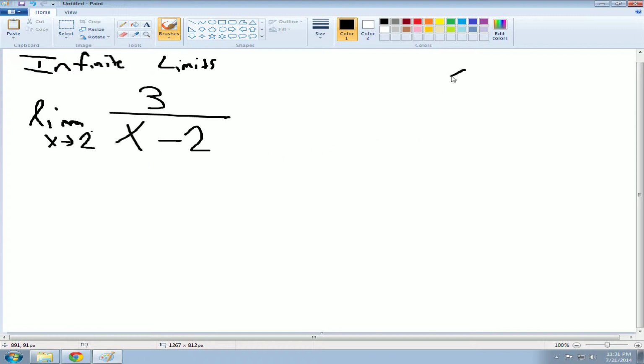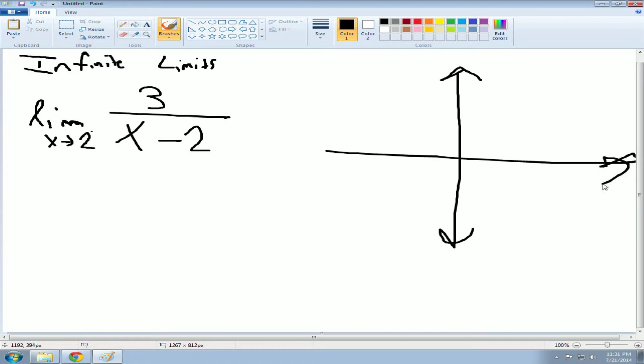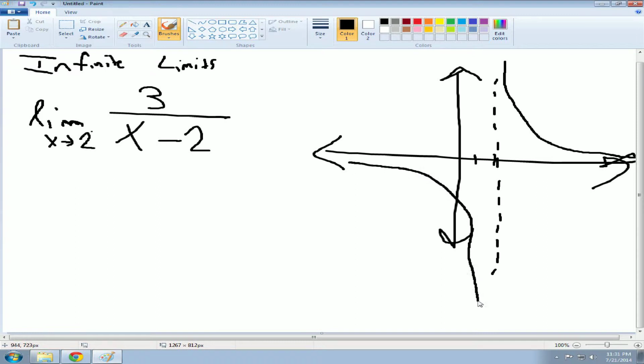So what happens in this graph, if I graph it out, at x is 2, the graph does something like this. And it never actually hits 2. And it goes infinitely down negative and infinitely up positive at 2.